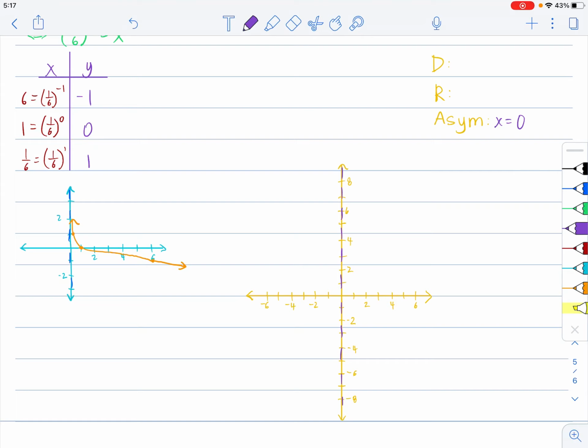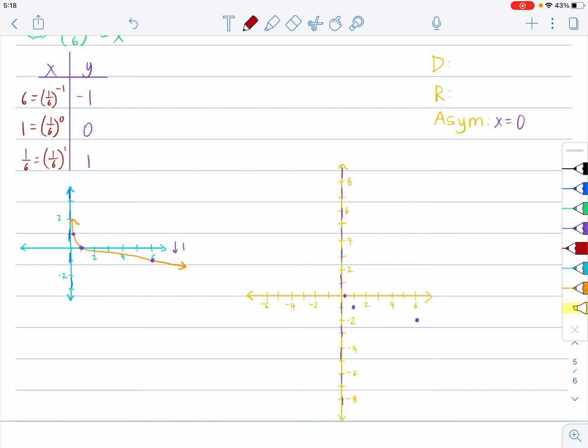Now, all of the points that I have here on this graph just need to take an elevator down 1. So it's going to be at 1/6, 0, at 1, -1, and at 6, -2.